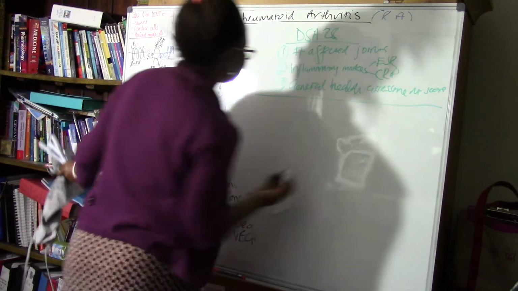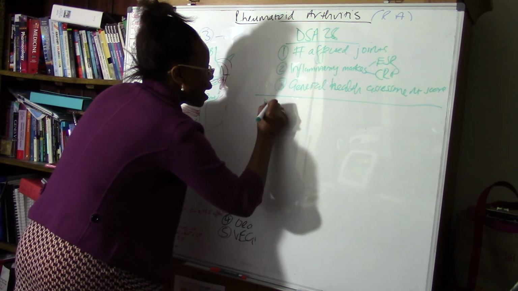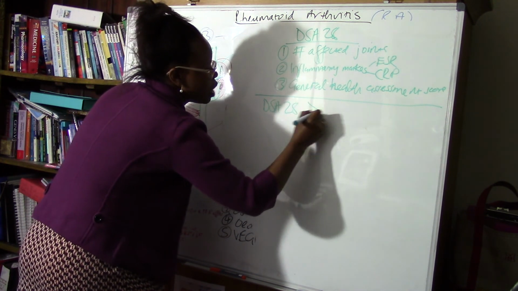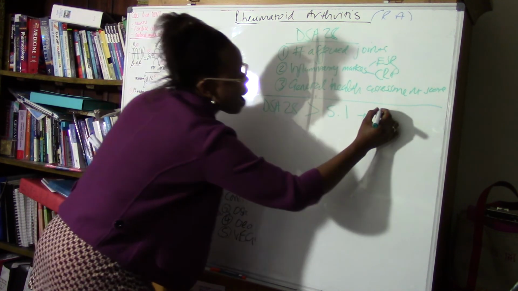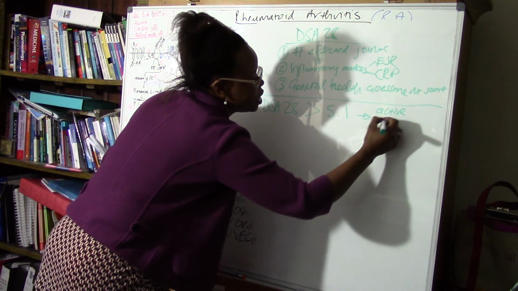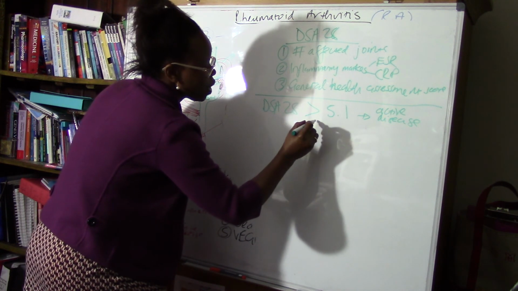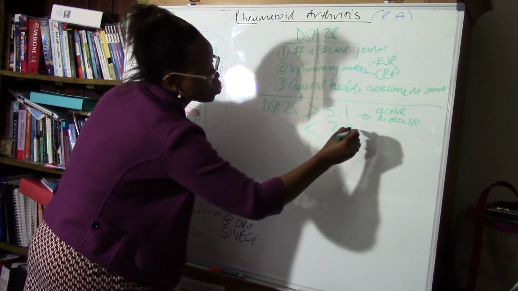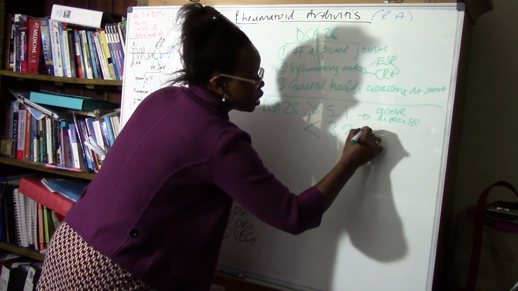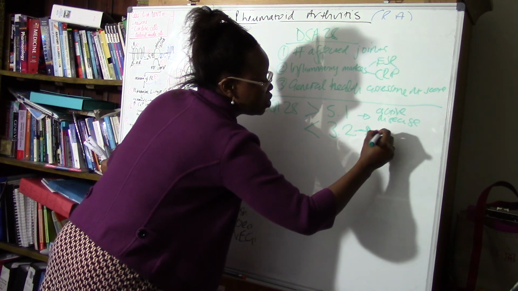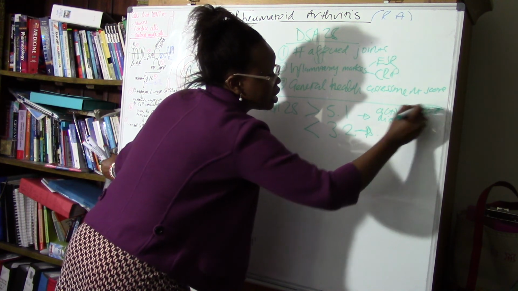And the grading system that is used is that anyone with a DAS 28 of more than 5.1 is classed as having severe active disease, and then anyone with less than 3.2 is classed as having less severe disease.